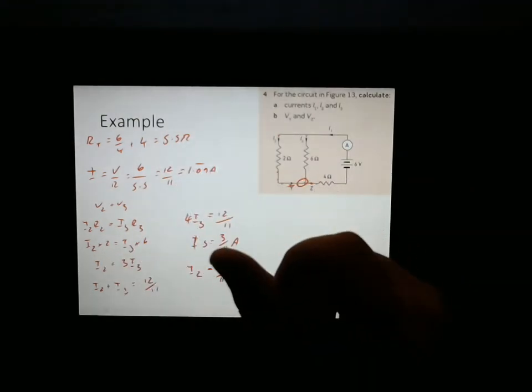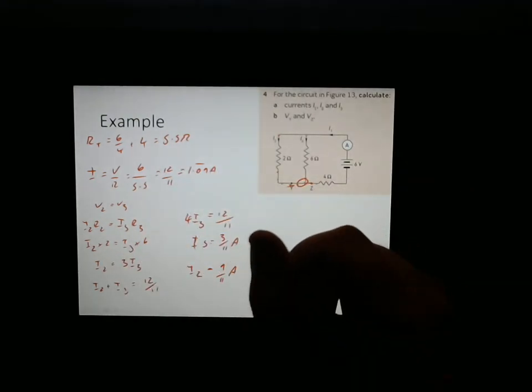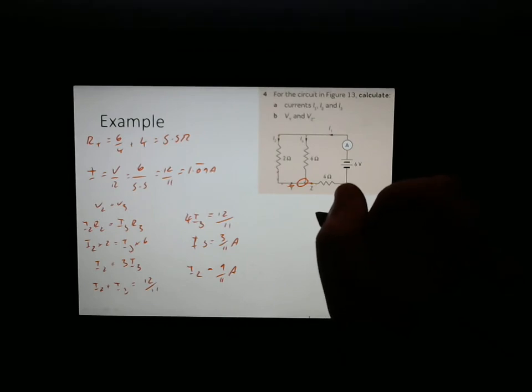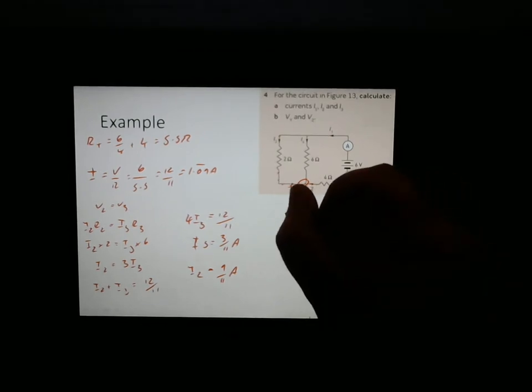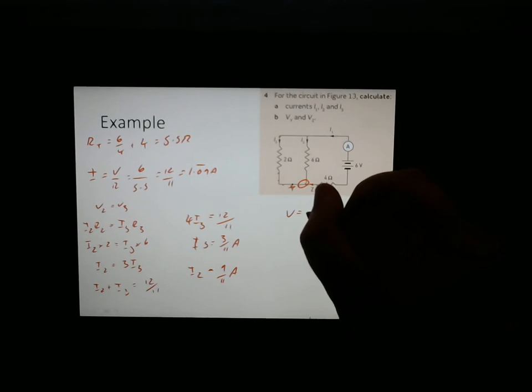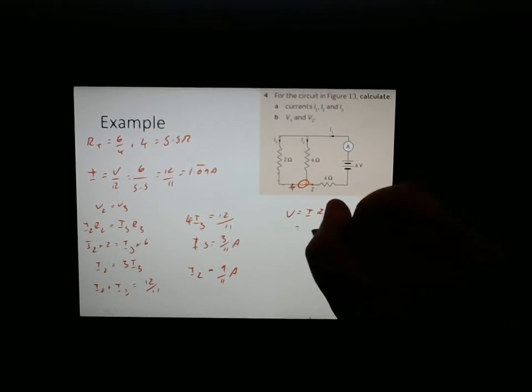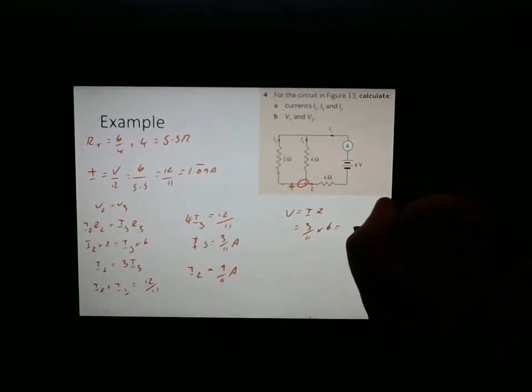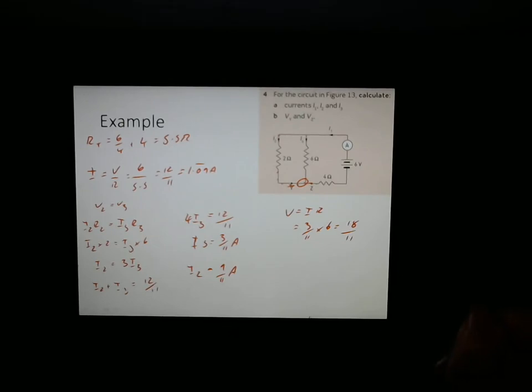We'll just use, let's see, we'll use the 3 over 11. We know that voltage equals current times resistance. The current on I3 equals 3 over 11 times 6 equals 18 over 11.